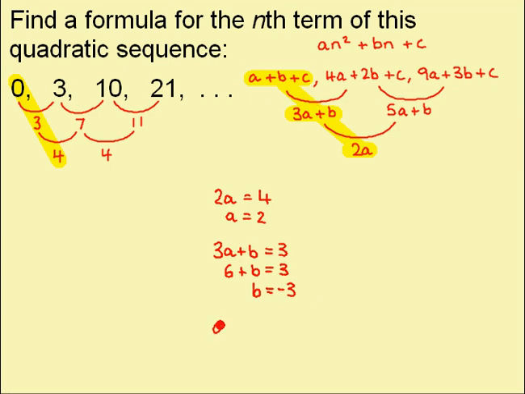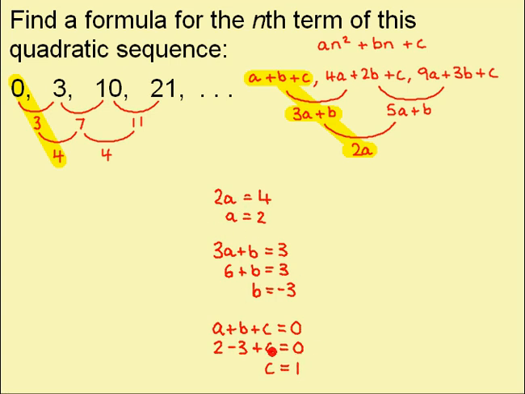Finally, I've got a plus b plus c, and that must equal 0. I know a is 2. I know that b is minus 3. I don't know what c is yet, but I do know it equals 0. 2 minus 3 is minus 1, so c must be 1 to make 0.